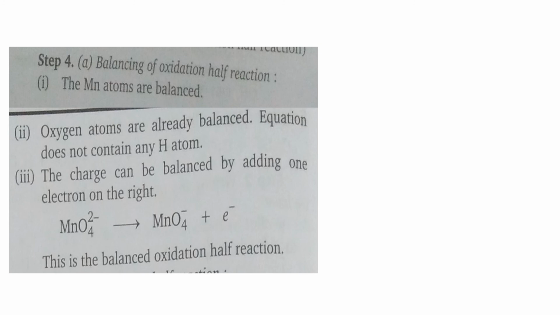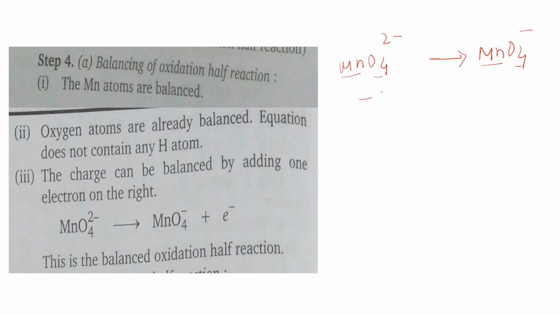Now balancing of the oxidation half reaction. So what is my equation? MnO4 2 minus, from here we are getting MnO4 minus. Now manganese is balanced. Oxygen is also balanced. So I don't have to do anything. See the charge.